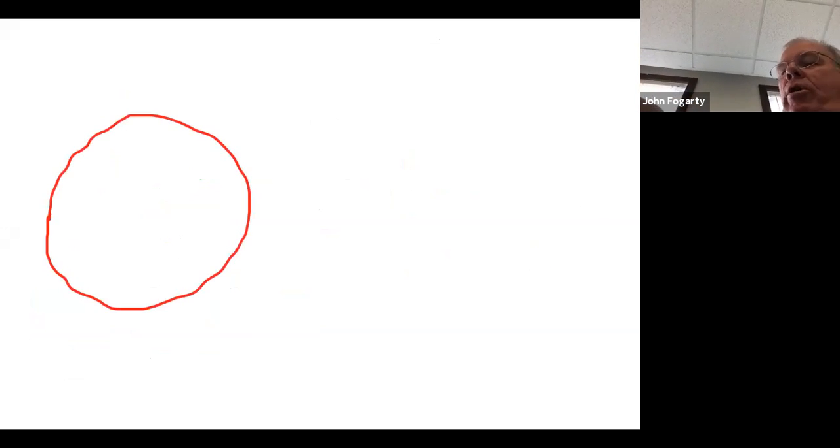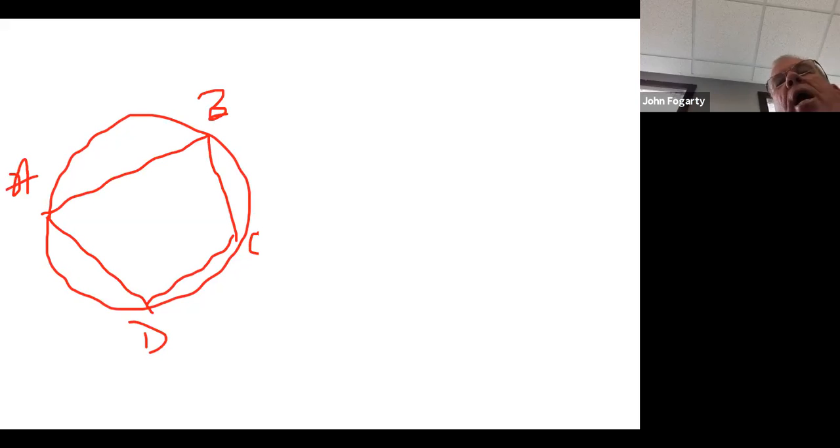So I have my circle, and I'm going to draw a quadrilateral. And this is A, B, C, D. So I have an inscribed quadrilateral. So really what I know is that the angles that are opposite are supplementary, right? So here's what they tell me.